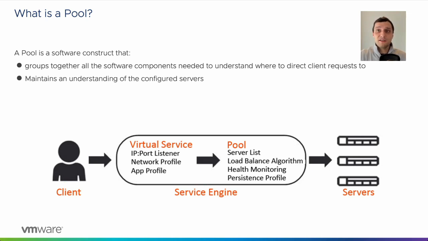Those are the backend server IPs or host names. And then we have algorithm. So how are we load balancing between those backend servers? Health monitoring to determine which one's up and online. And then we have persistence profile as well, if we need to maintain that connection to the same backend server. So I think it's about time we just jump right into the demo and start taking a look.